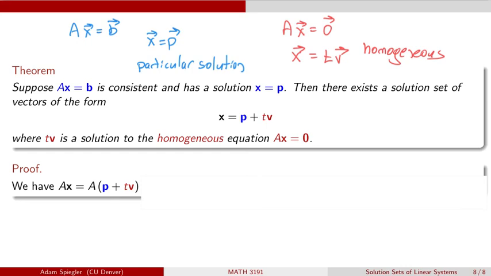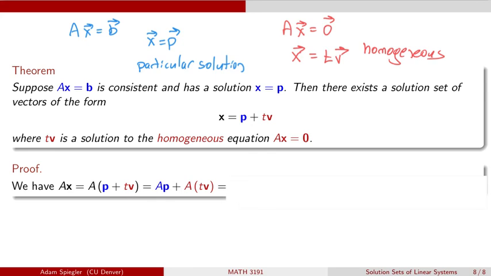And now we can use properties that we have discussed about matrix-vector products. Namely, the distributive property says that this is equivalent to taking A times the vector p plus matrix A times the vector tv. And from this, we can again use what we know about Ap.